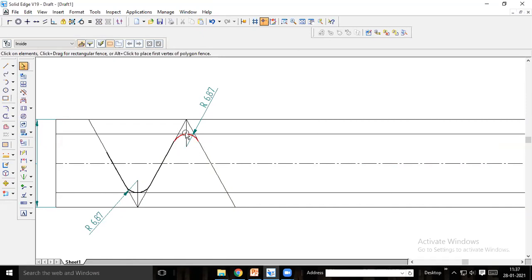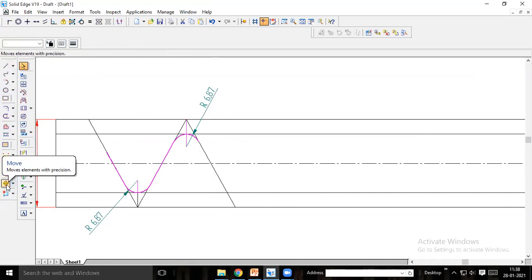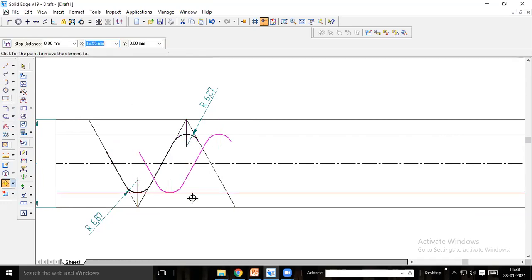Then you have to measure 6.87 from this end. Then you have to draw the arc on all the profile. Whereas in the system, you just copy this. Copy this and paste. Move this from here and paste it over here like this.